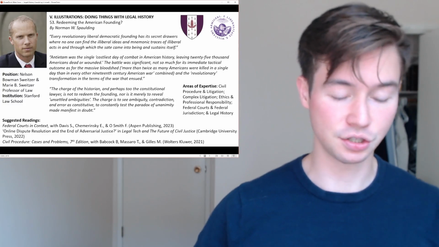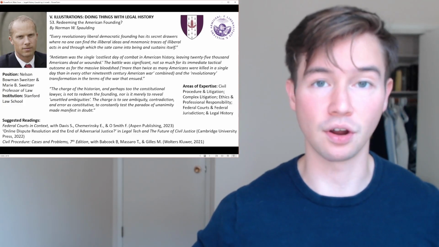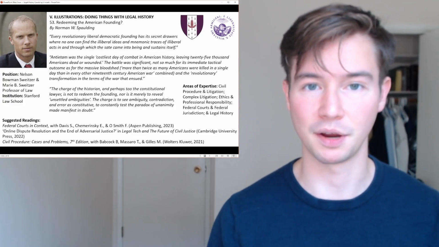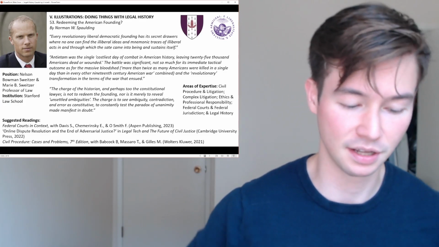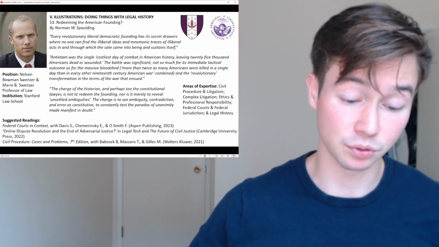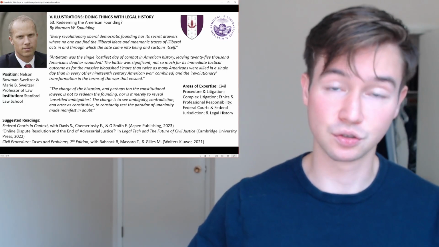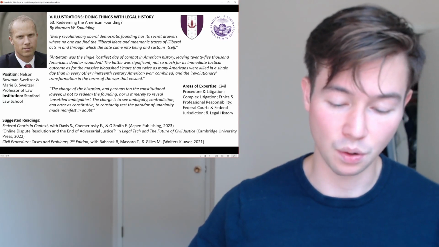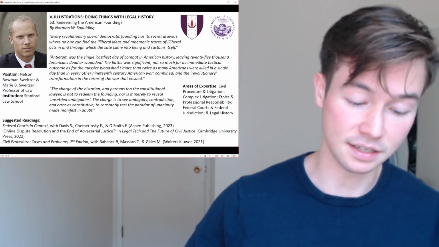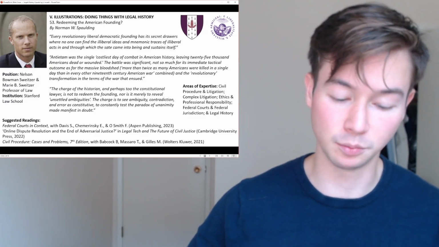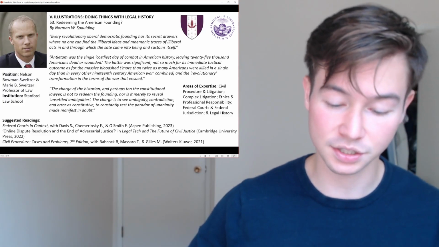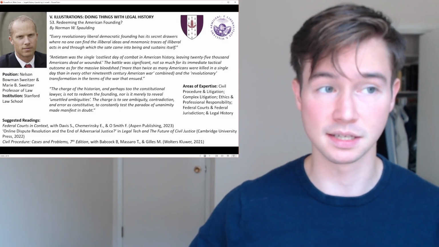So moving to section 2, and these sections are not titled, so just bear with me. Every revolutionary liberal democratic founding has its secret drawers, according to the author, where one can find the illiberal ideas and mnemonic traces of illiberal acts in and through which the state came into being and sustains itself.